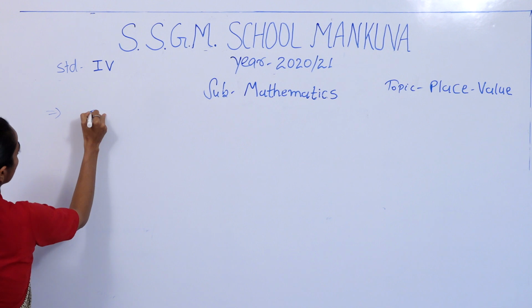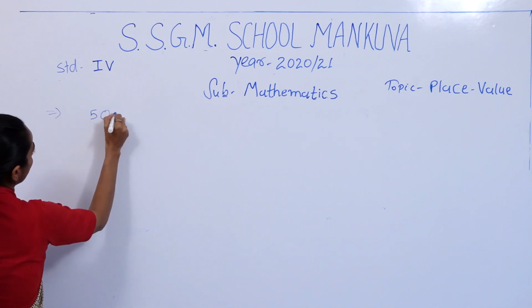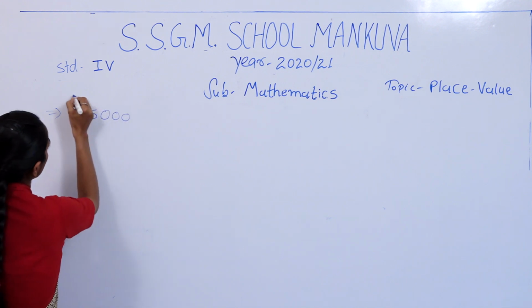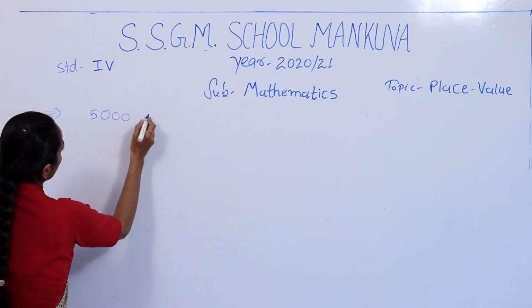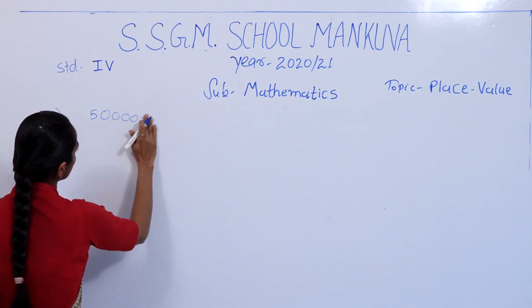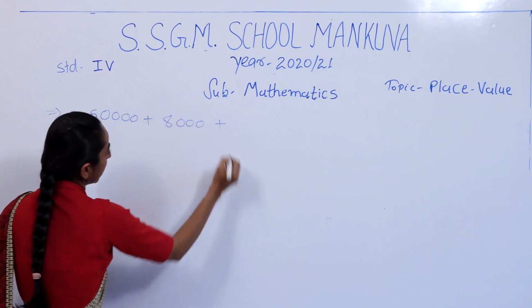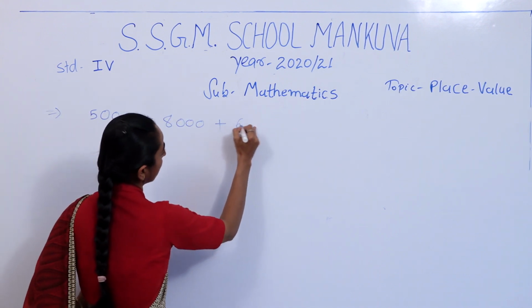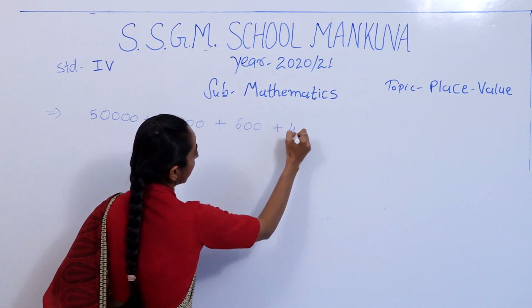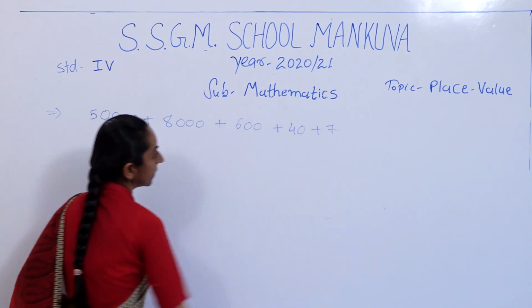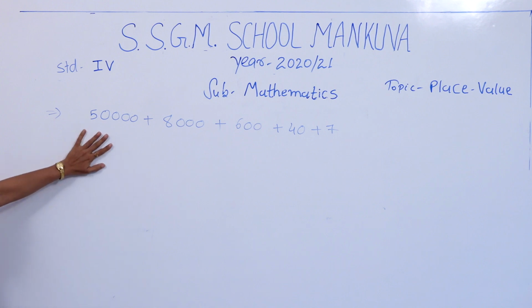Example. 58,000 plus 647 is the expanded form.